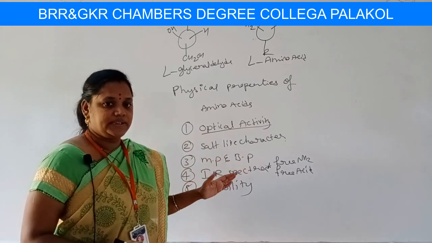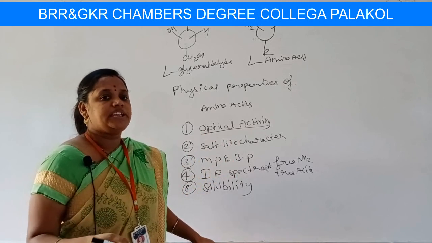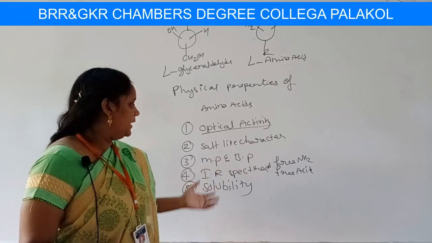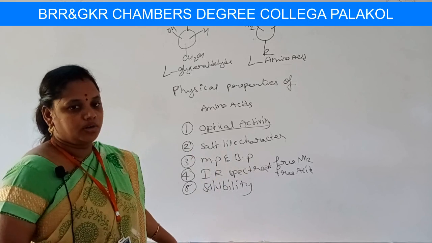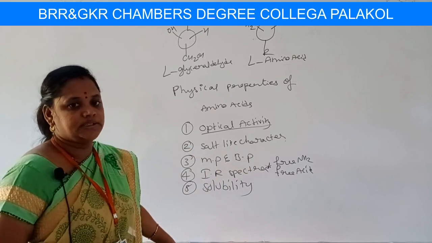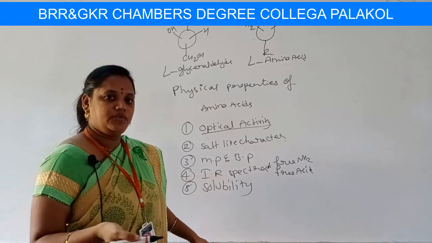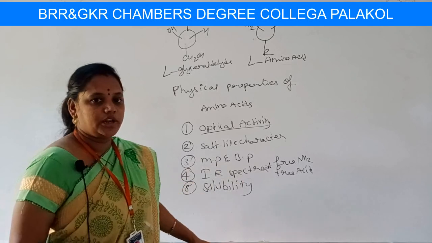When we study IR spectral analysis of amino acids, we are not obtaining any spectra for the free amino group and free acid group. About IR spectroscopy, you have studied in detail in 4th semester, no students? Do you remember about IR spectroscopy? What is the full form of that? Infrared spectroscopy.